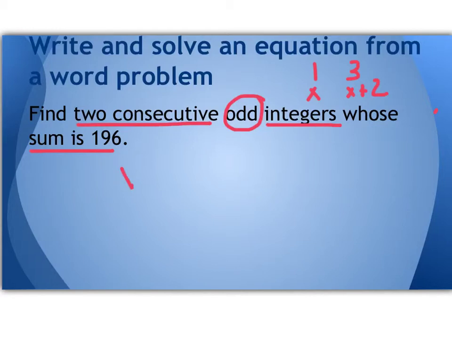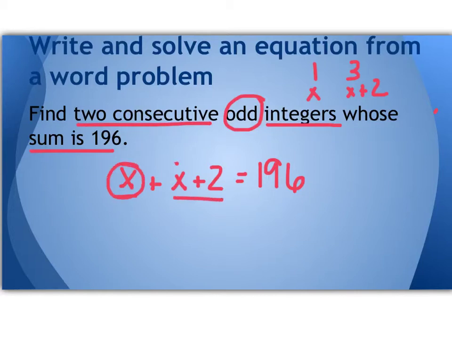So let's write out the equation because we really don't know what those two numbers are. The first one's going to be x, and the second one is going to be x plus 2. And it is again a sum, so I'm adding these, and it will equal 196. Now you can combine like terms. You have x and x, which is 2x, plus 2 equals 196.